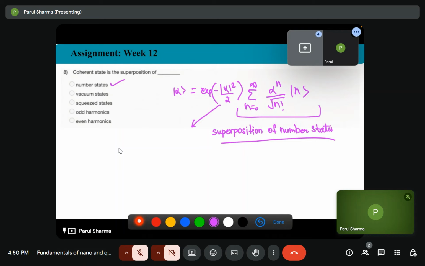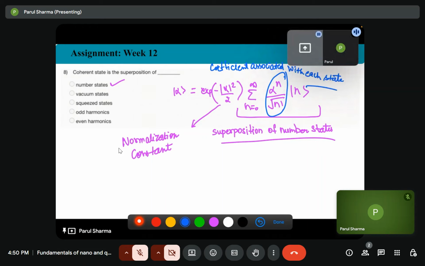And here it was the normalization constant, and this was the coefficient associated with each state. So we can say that the coherent state is a superposition of the number states.